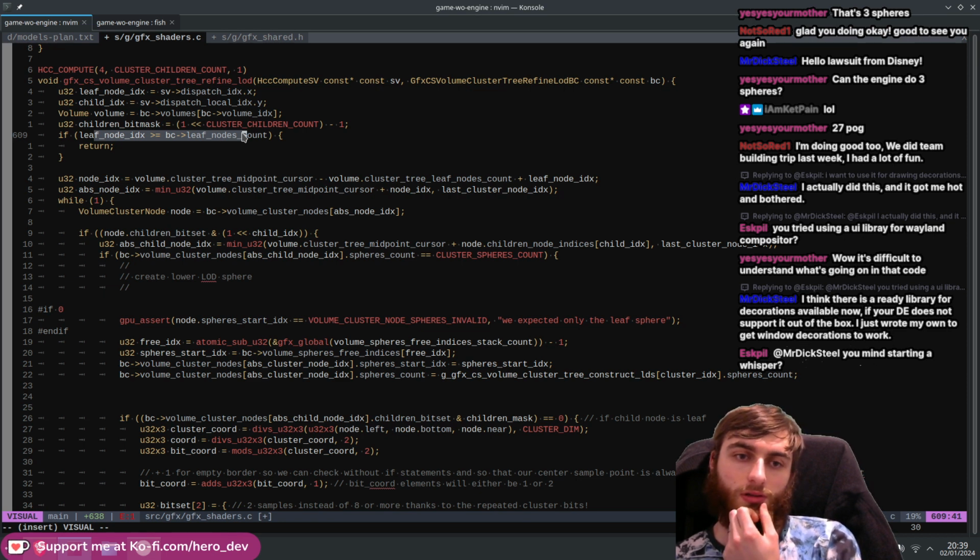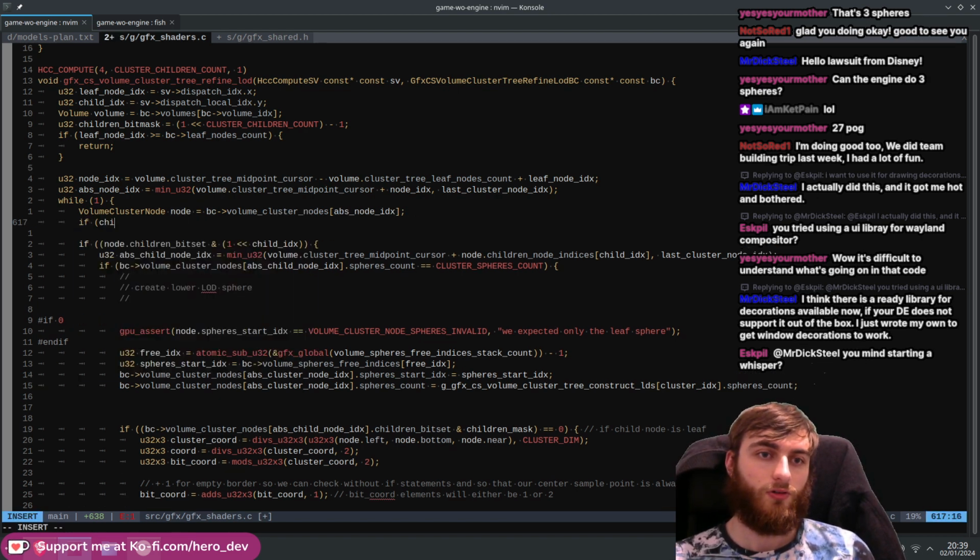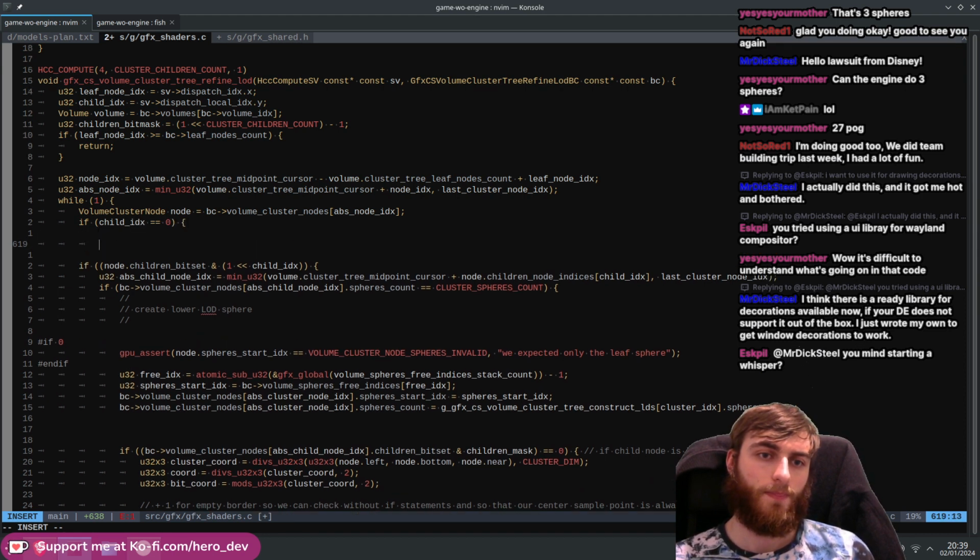So each one of those that have missed is 8 less threads going at a time. Because you've got 4, all of them are guaranteed to be running. So you basically just need to say, hey, if child index equals 0, this is where we'll do the allocation.